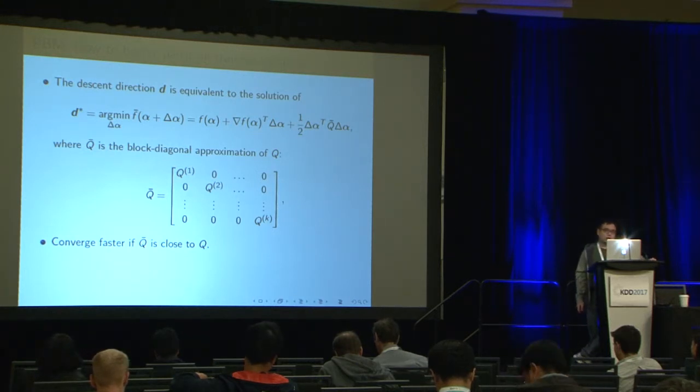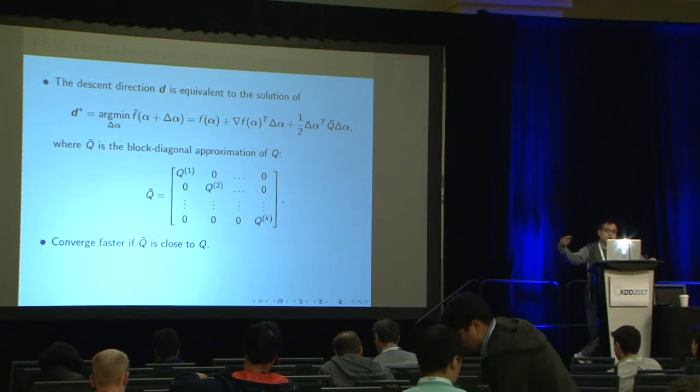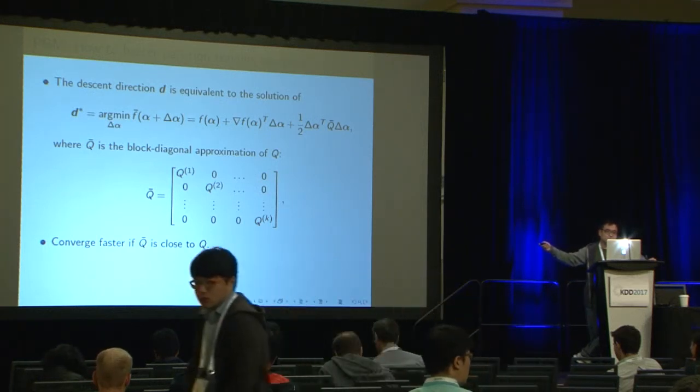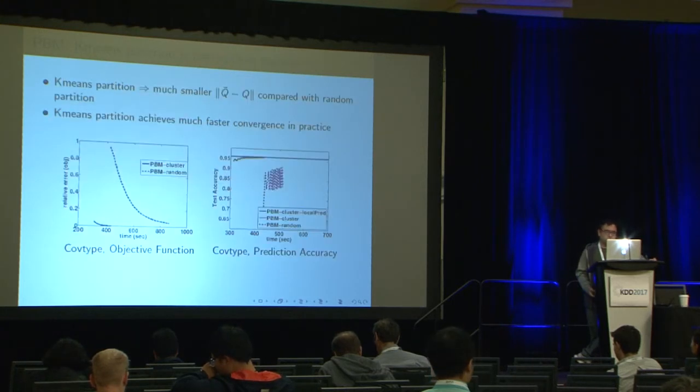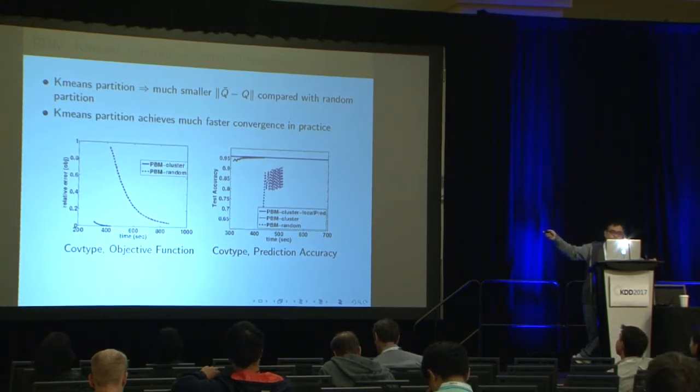And so the convergence speed of the algorithm is related to the approximation you did here. So you approximate your Q by Q bar. So as long as your Q bar is very close to the original kernel matrix Q, you will get fast convergence. So we show that if you use k-means or kernel k-means to partition the data, then you can get a much smaller approximation of the second order term compared to random partition.